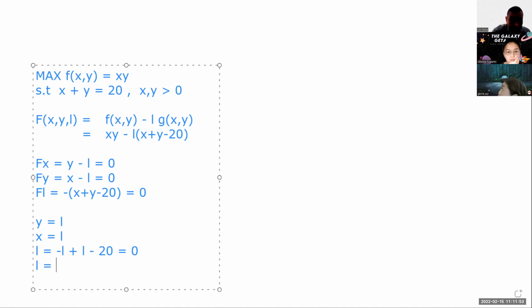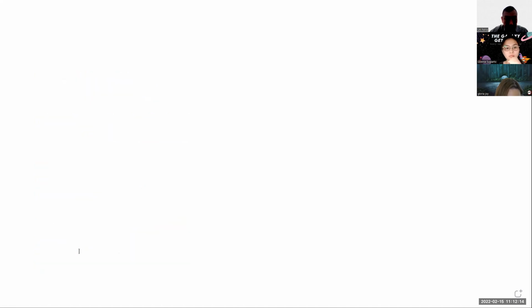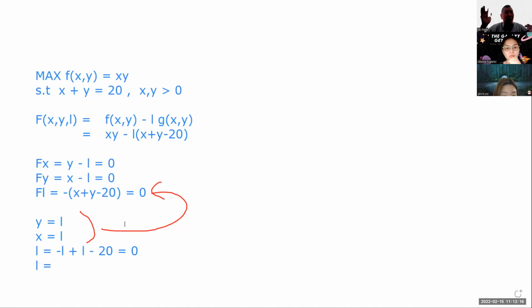Joy, I think this one is negative. Which one? You put this value into this one, right? Cannot see your annotation. Oh, sorry, sorry.